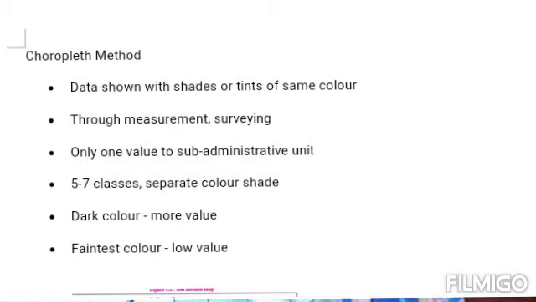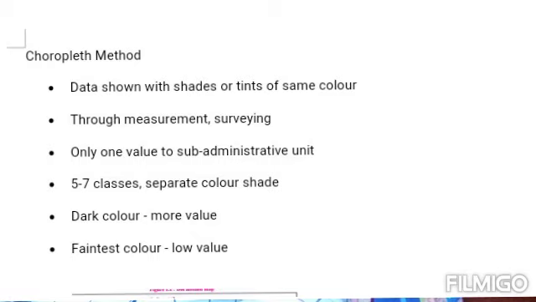In the same way, we should have the smallest and largest values of data, right? Once you get these smallest and largest values, you are going to divide it into 5 to 7 classes, and for each class we are going to assign a tint of the same color or black and white patterns.